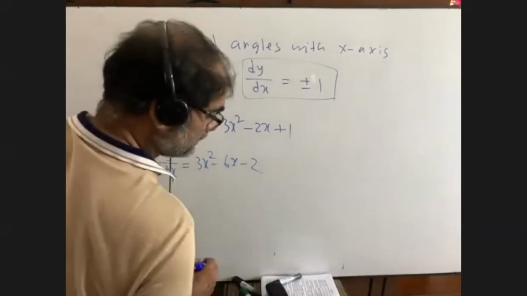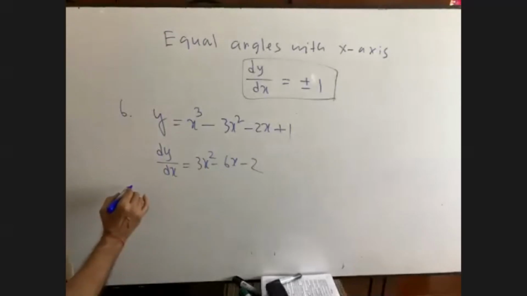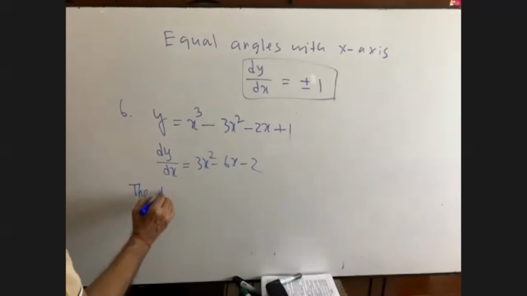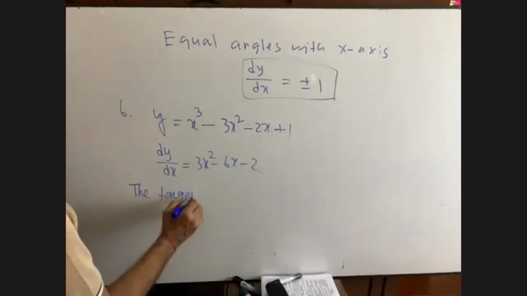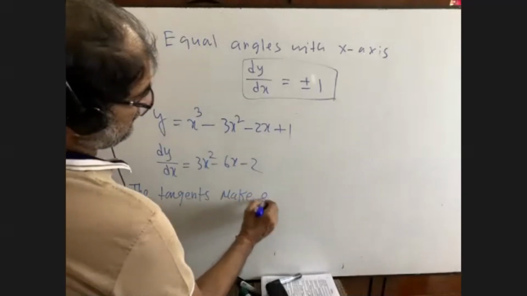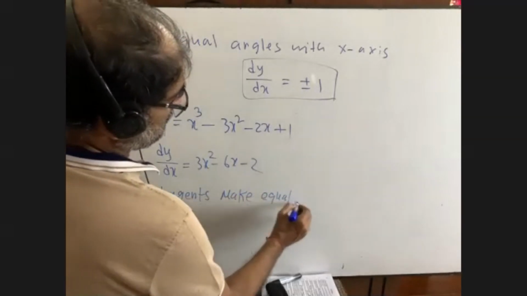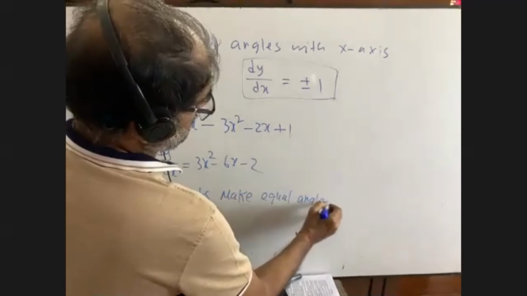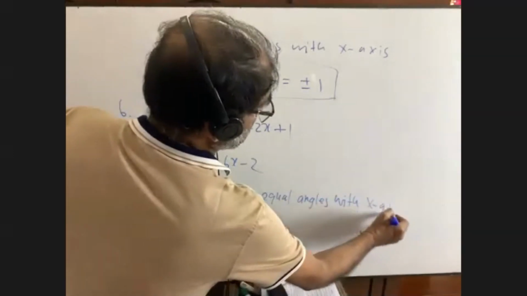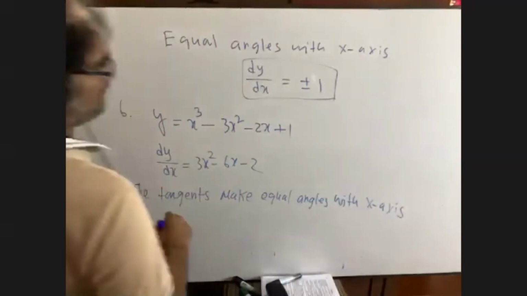Then it is written tangents make equal angles. Write down. The tangents make equal angles with x-axis.